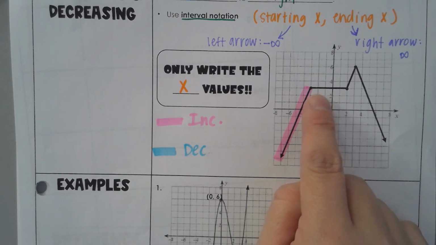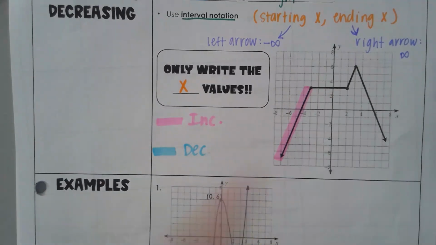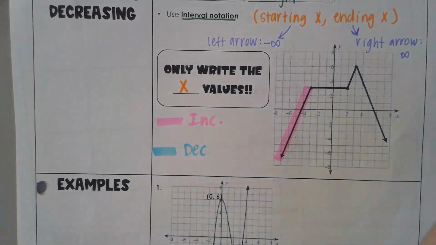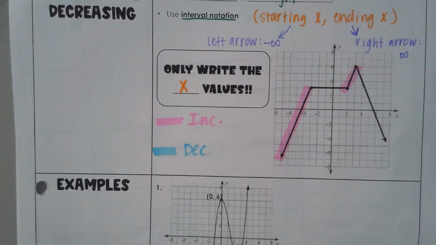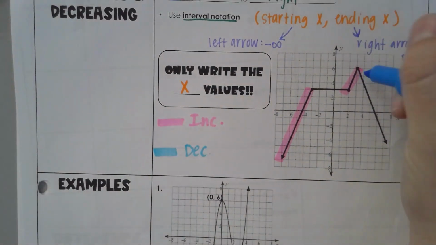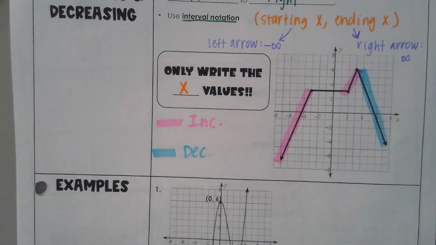It's neither. If it doesn't go up or down, it's just neither. Zero. Okay. So then the next section, increase. And then what? Decrease. So is it possible not to have a decrease? No, not on the ones we're doing.